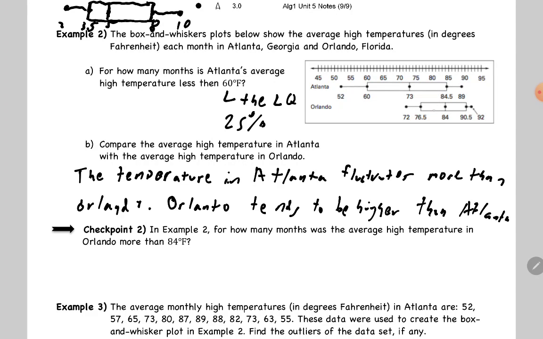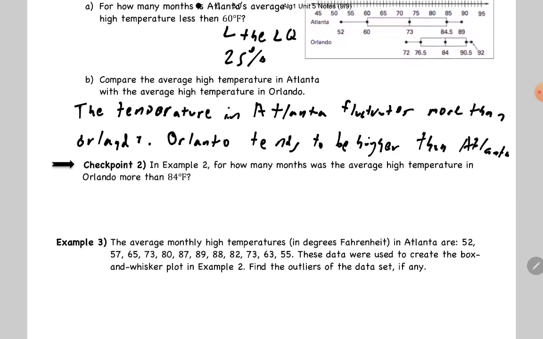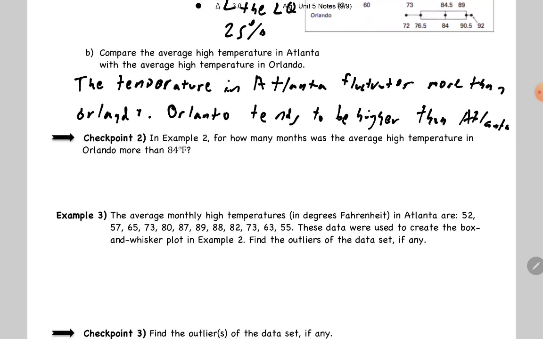So on most given days, Orlando will probably be hotter than Atlanta, based on this data. And then based on geography and where they're located, Orlando's farther south and closer to the equator, so it gets hotter.